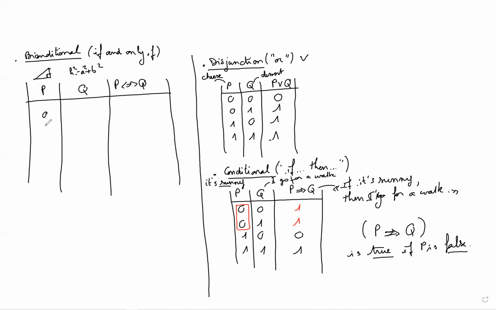So I'll keep the same order as usual for the truth table. And here, they are false at the same time, so my biconditional is true. One is false and the other true, so my biconditional is false. Same thing here. And here both are true at the same time, so my biconditional is true, right?